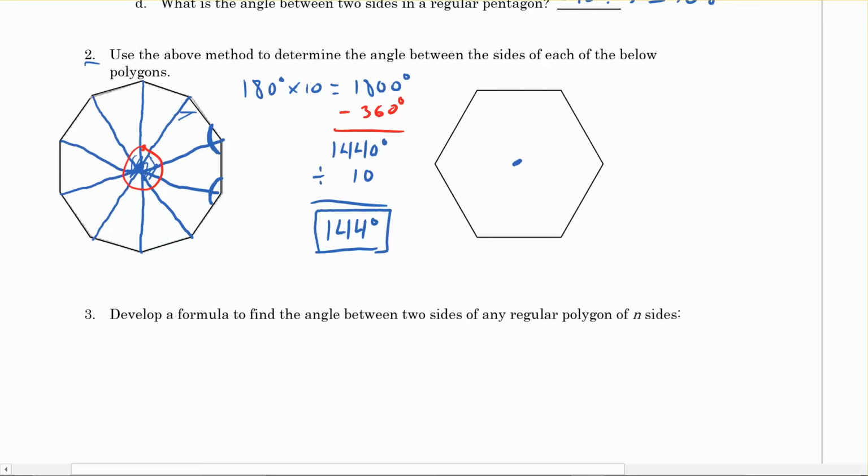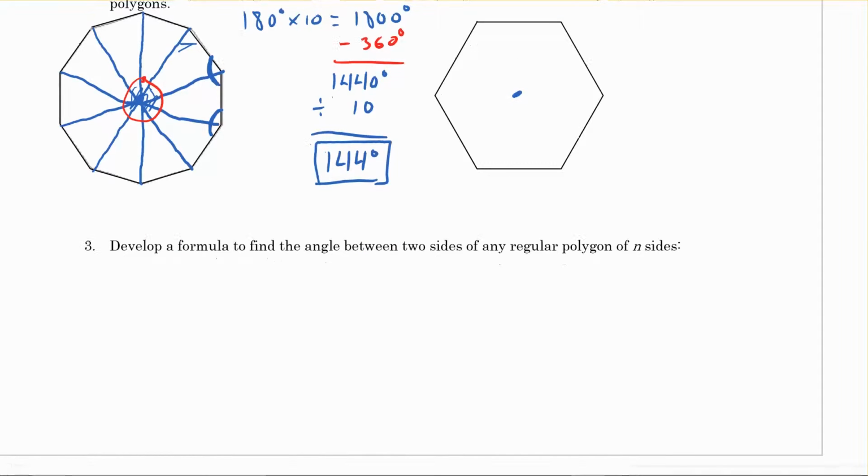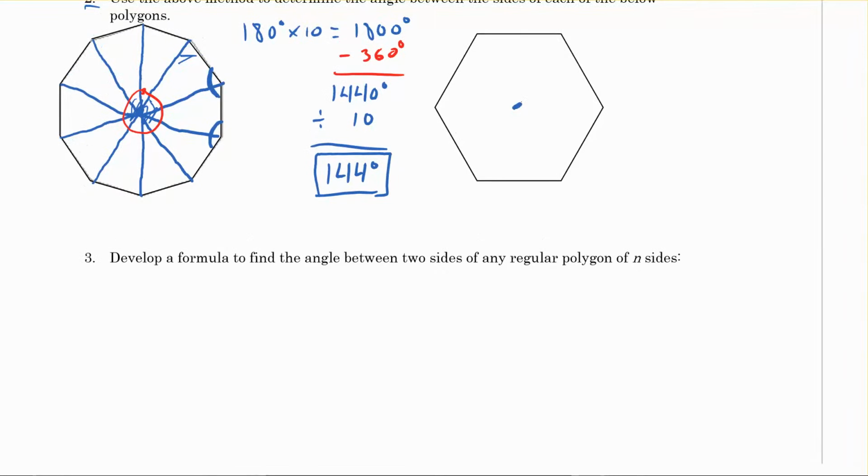All right, so what we're going to do for number 3 here now is figure out a formula. So for every one of the ones that we did, all we did was we went 180 times n. And I'm going to write that as 180n instead of times n, because the times symbol looks kind of like an x. That was our first step up here, right? 180 times whatever number we chose there.